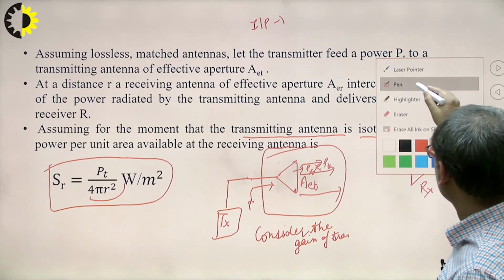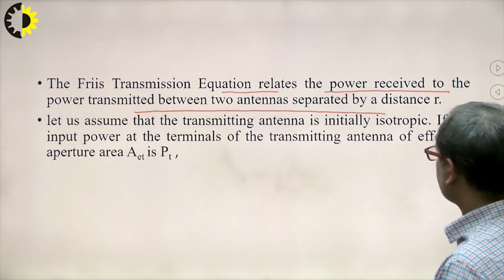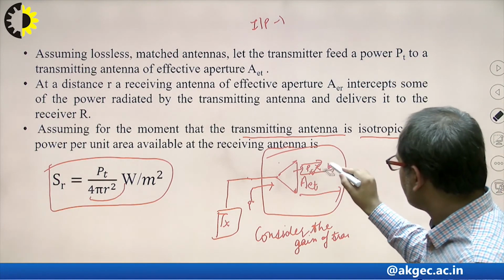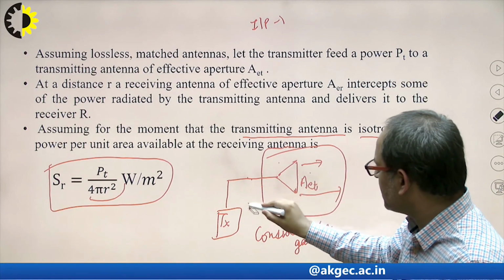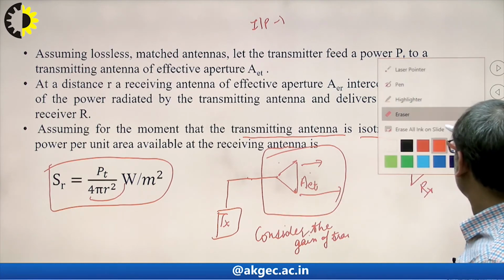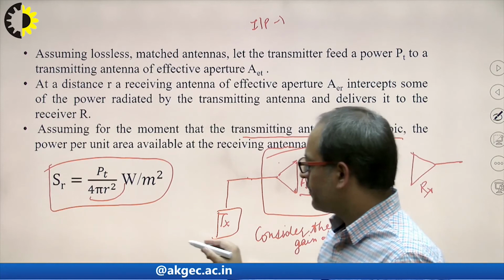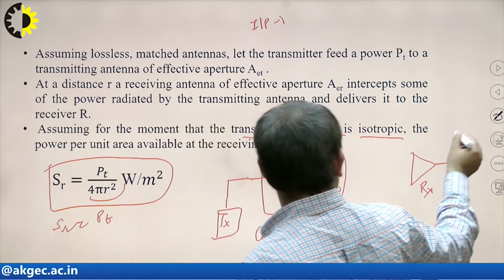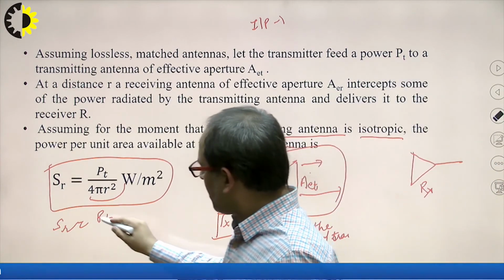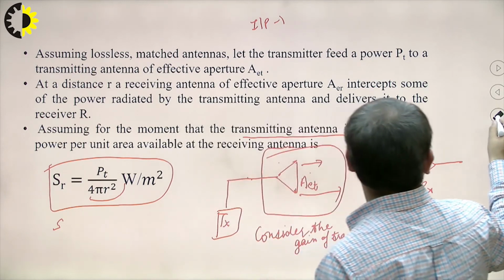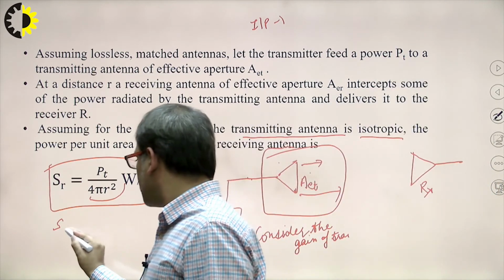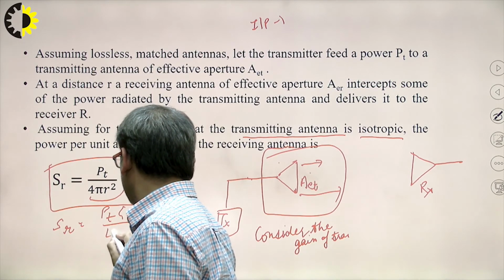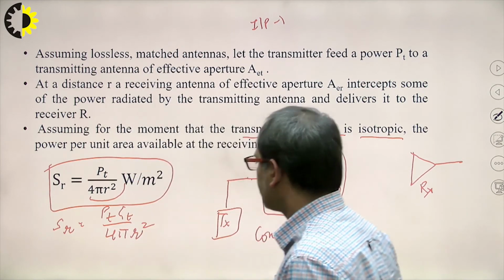Now if I consider the gain of this antenna, then SR equals PT into GT divided by 4 pi R square. Clear?